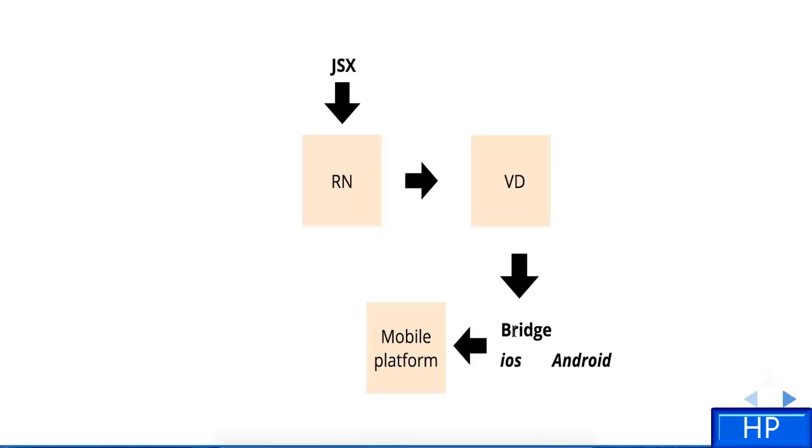PhoneGap just allows the user to write some JavaScript code which will be running on a browser. And as you can guess, from the browser you cannot access a lot of your phone's features, and PhoneGap is very limited.